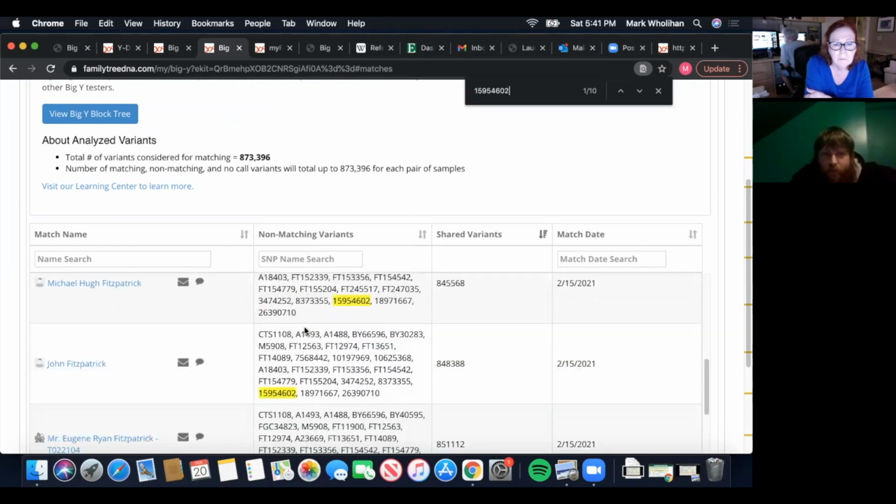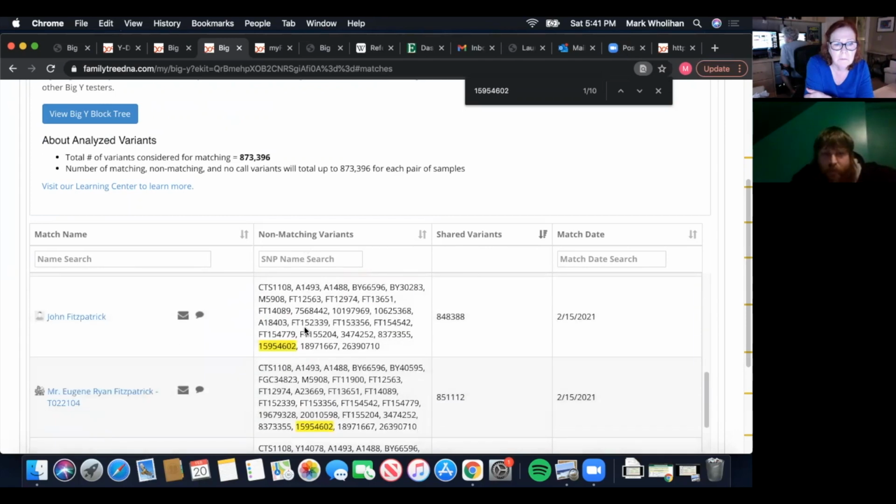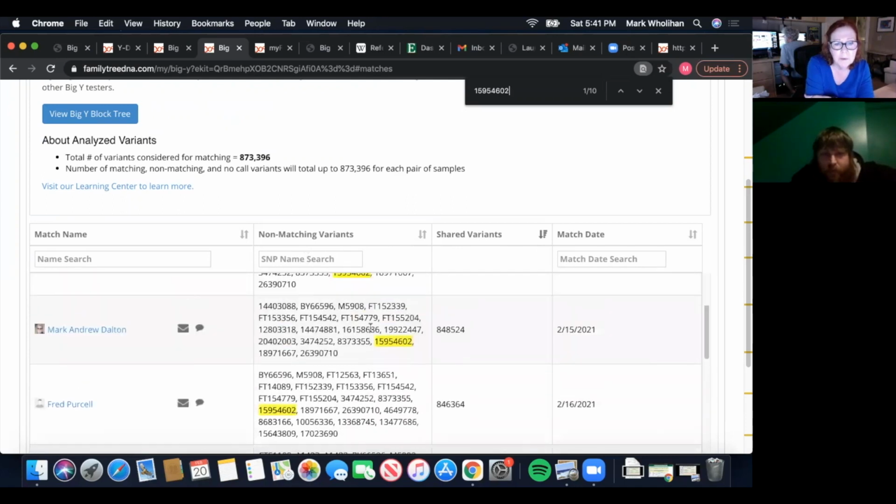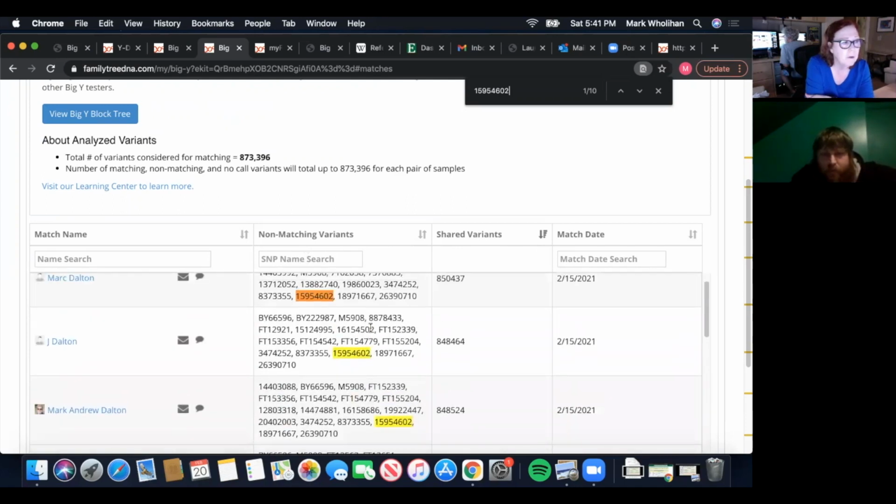So the three Fitzpatricks, none of them have 15954602. That's why it shows up as yellow instead of orange. I just highlighted them. So Mark Dalton, Jay Dalton, and Mark Andrew Dalton do not have it. Only your dad has this SNP.